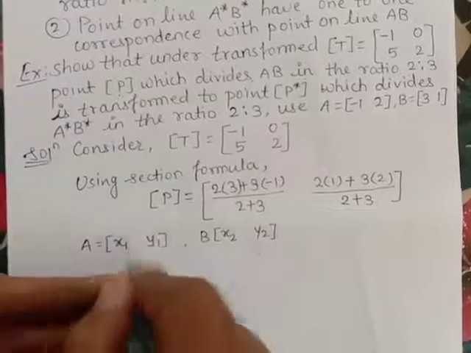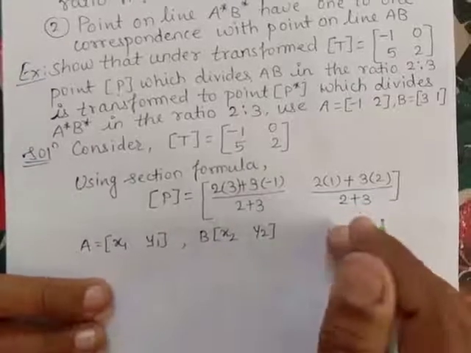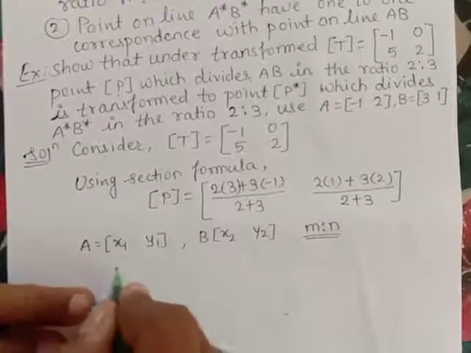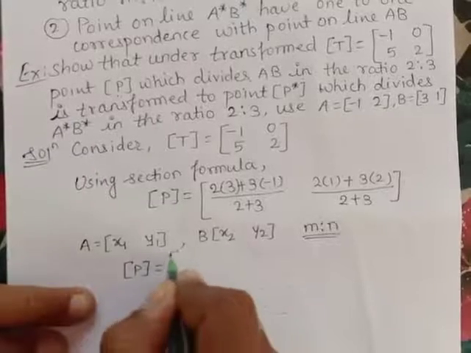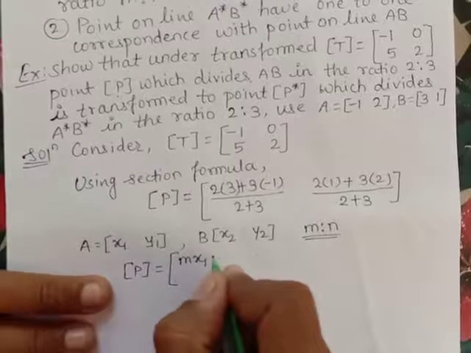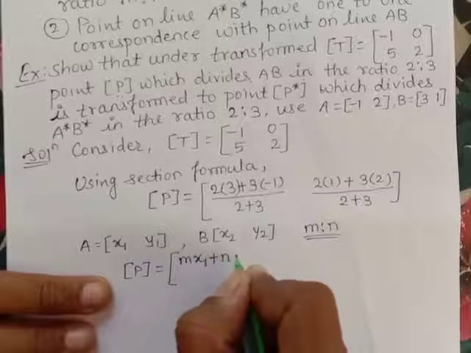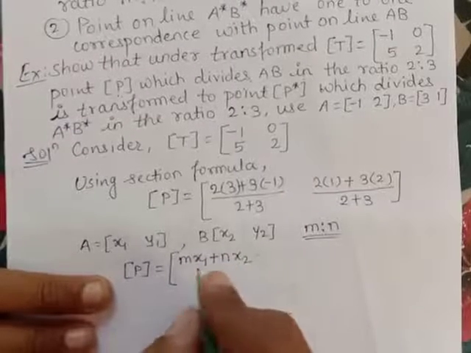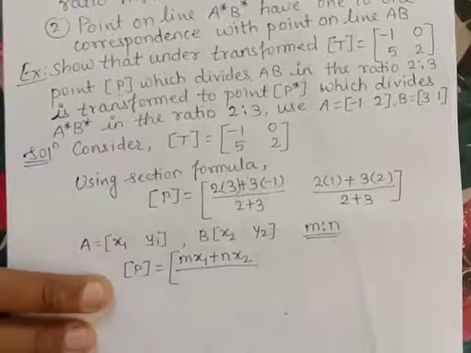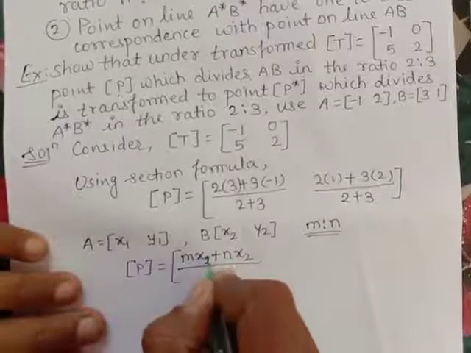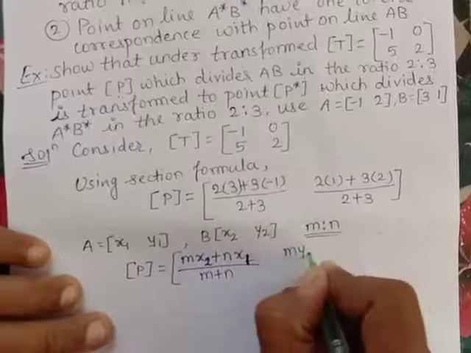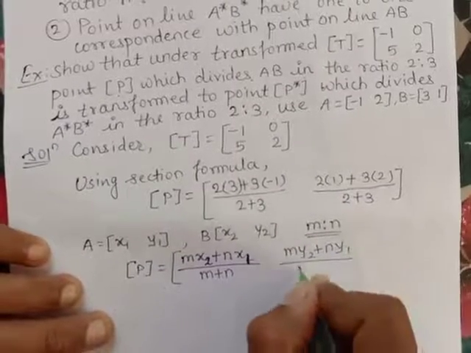If a point P divides AB internally in the ratio m:n, then the coordinates of point P are (mx2 + nx1)/(m + n) and (my2 + ny1)/(m + n).